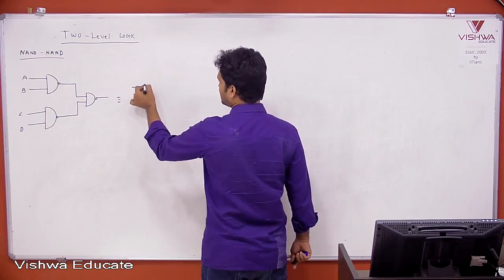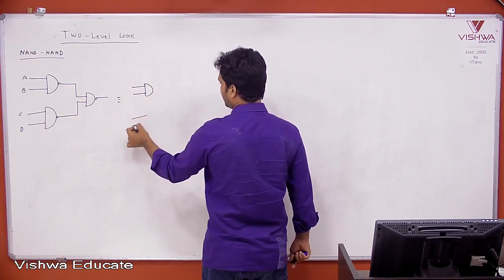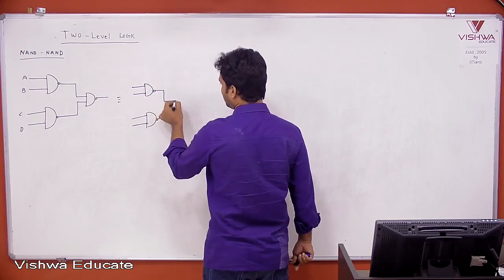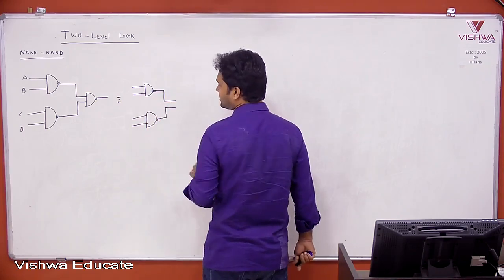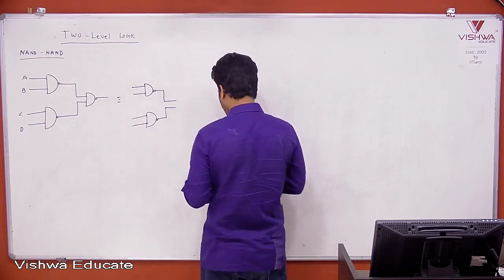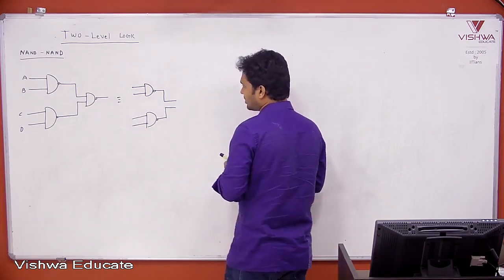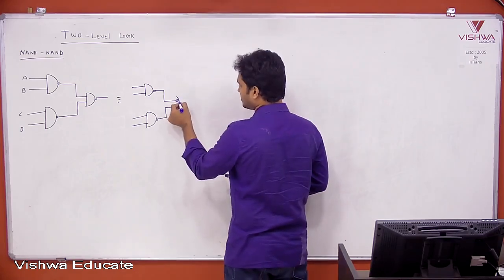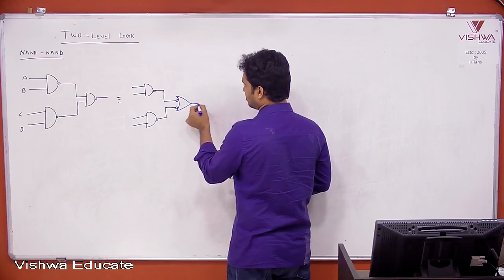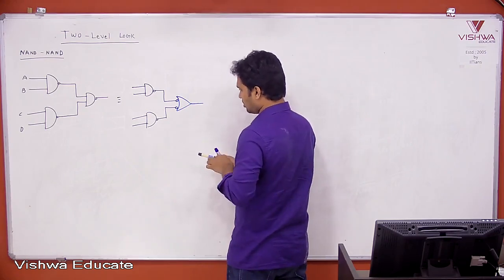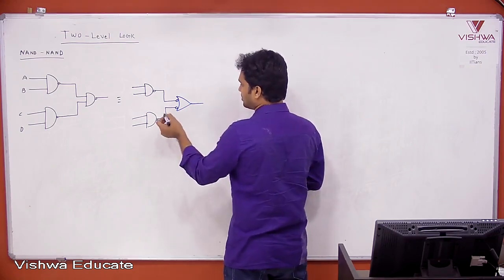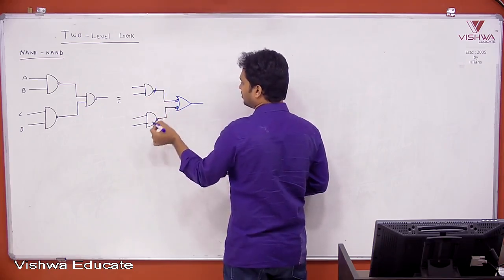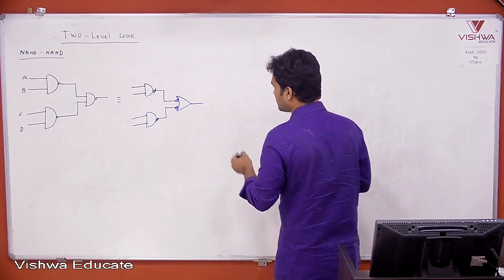From the previous analysis, bubbled input OR gate is nothing but NAND gate. So I can replace this NAND gate with its alternate logic symbol. What is the alternate logic symbol for this? This one. So now what happens? You can understand this bubble, bubble, bubble, bubble cancels. So what is the answer?